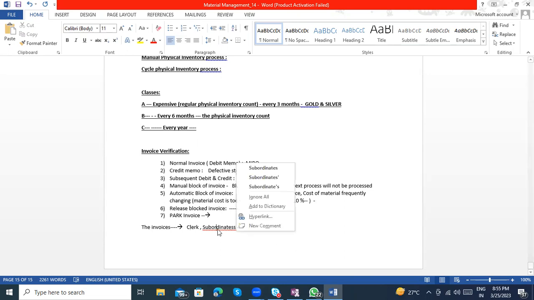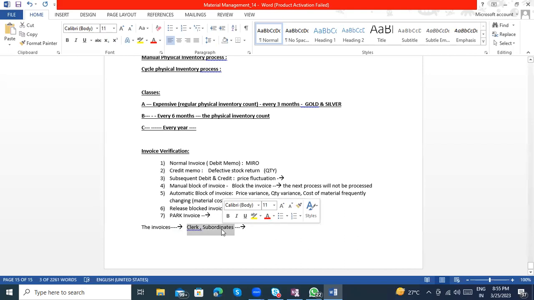The invoice is entered with all the information and put into a park place. Then by evening or later, when the superior or manager is available, they check the parked invoices, verify them, and if everything looks good, they post the invoice.